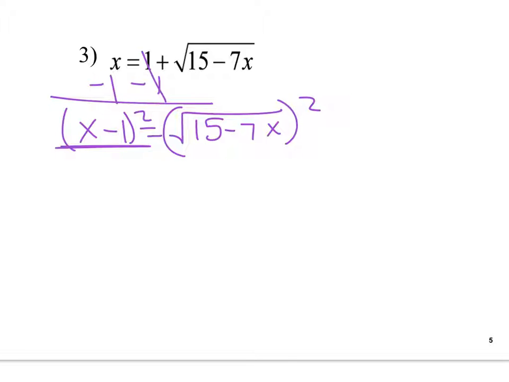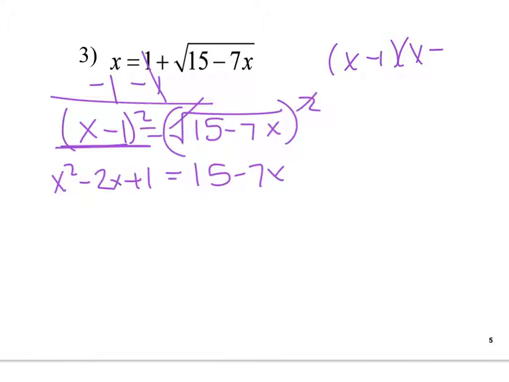Now we spent hours doing x minus 1 squared, so take a second, you tell me what it is. Hopefully you got x squared minus 2x plus 1. If you didn't, remember it is x minus 1 times x minus 1. You've got a square or box, however you choose to do it.